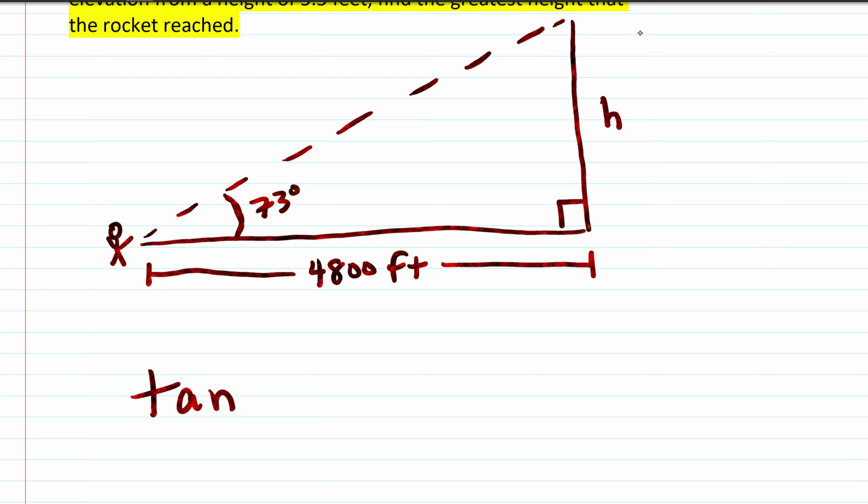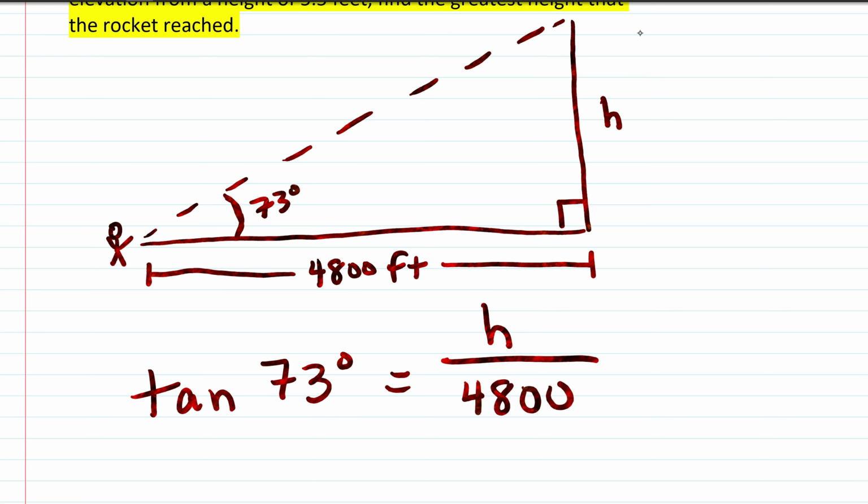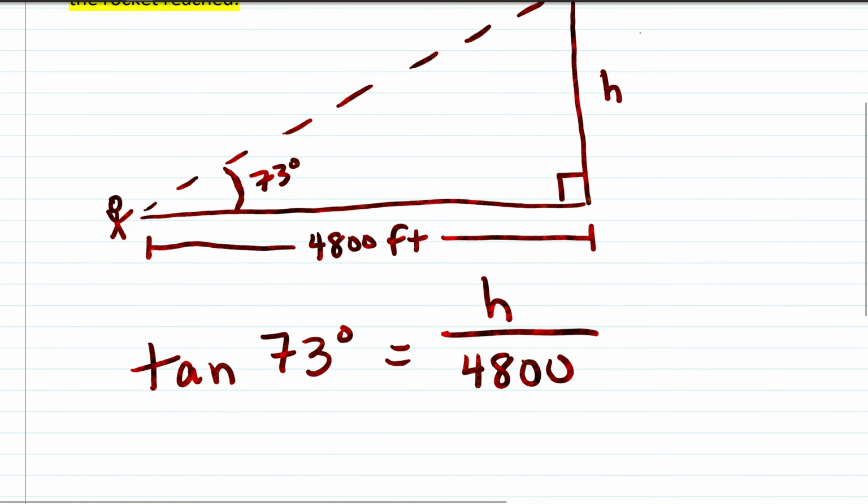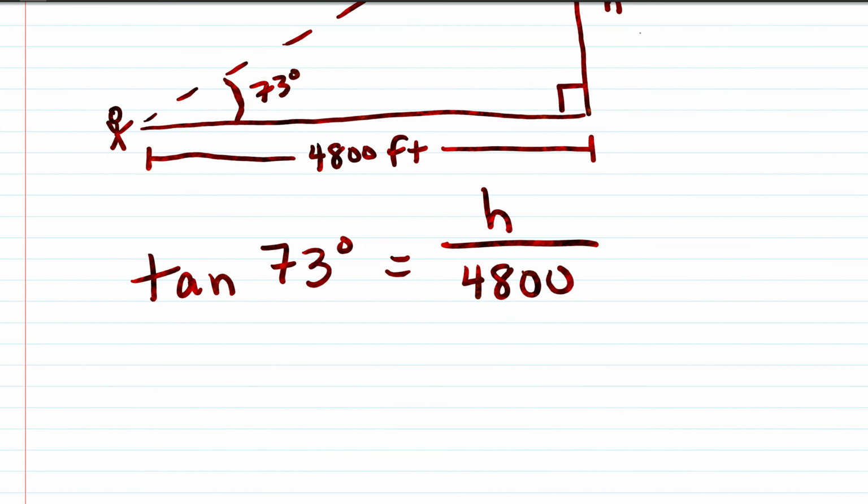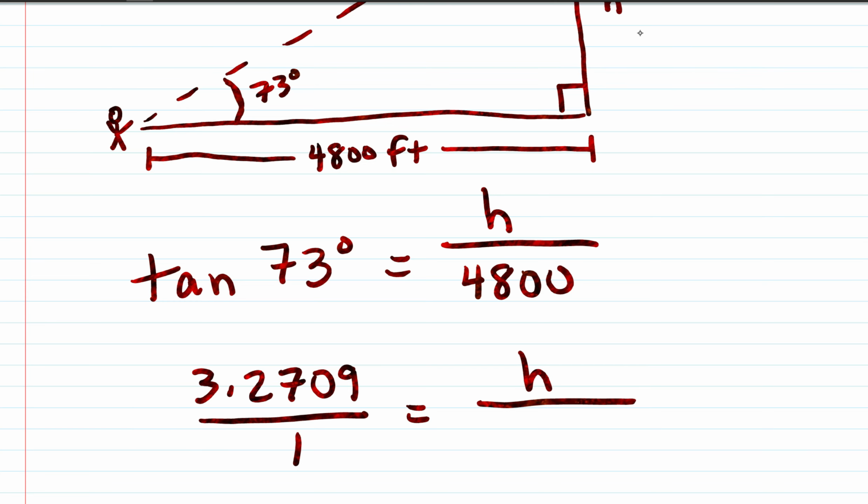So we'll take tangent of 73 degrees, which is equal to the opposite, the unknown h, over the adjacent, 4,800. Then inserting the tangent of 73 degrees into a calculator, we'll get 3.2709. And you can put that over 1 to make this problem look a little bit easier for you.